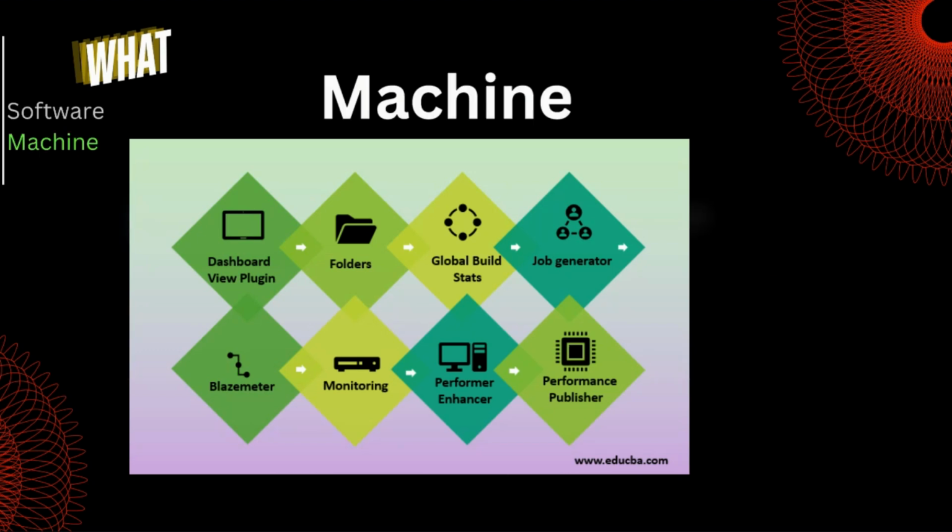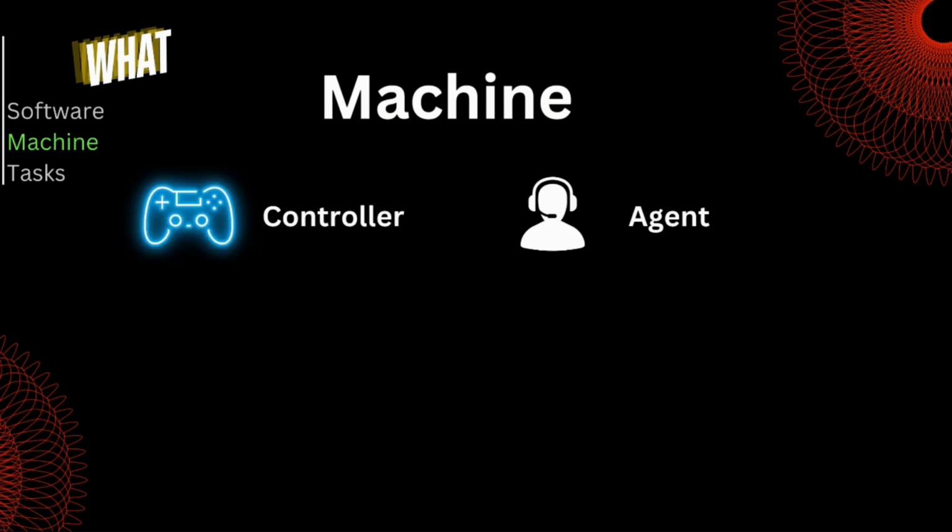The second part of Jenkins is a machine. So it basically has in its architecture two main parts. It has a controller and it has an agent. And the controller is usually responsible, even in real life or in software, for managing the agent, and it's not responsible for executing tasks specifically.